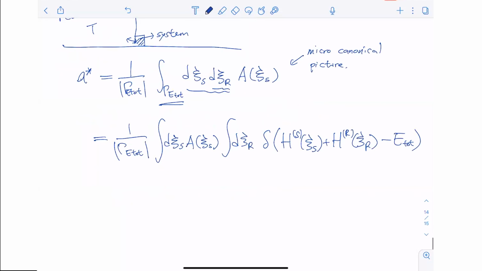This line should not be difficult to understand. The reason is that we consider the microscopic configurations of our system and our reservoir, but because we are working in an isolated system, the total energy of the system and the reservoir should be equal to the initial total energy. So that's what this delta function is doing. So basically, you can include all the phase space points, but you require them to satisfy this constraint.